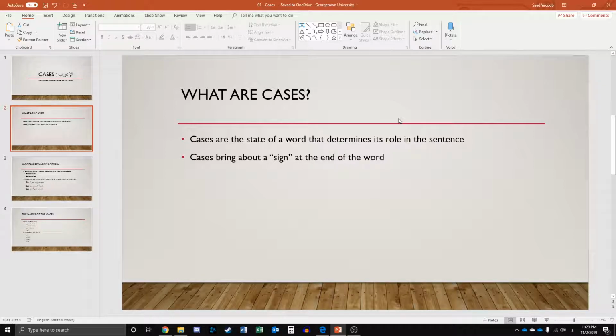But what's actually happening in this sentence with cases is a lot farther ahead in your Arabic study right now.